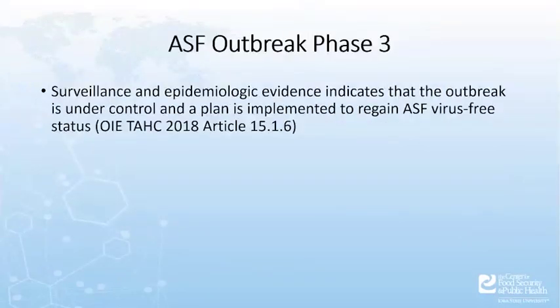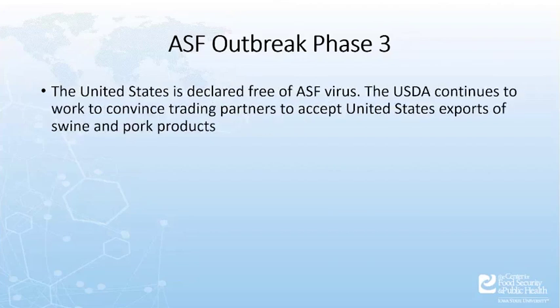So that's the phase 2 while we're working to get the outbreak under control. Phase 3 is when surveillance and epidemiologic evidence indicates that the outbreak is under control and a plan is implemented to regain ASF-free status according to the OIE Terrestrial Animal Health Code.